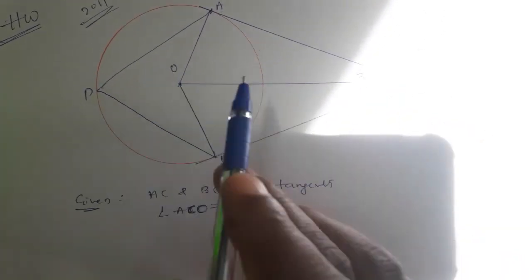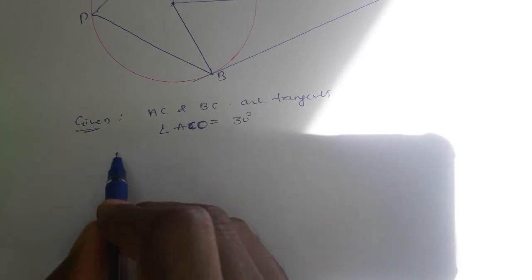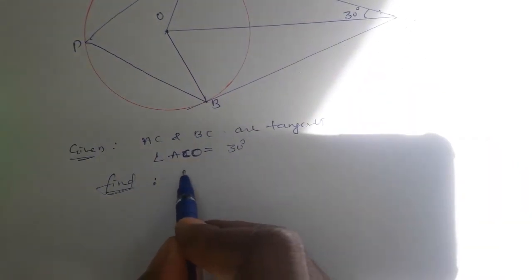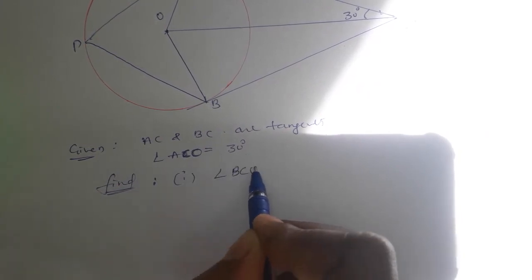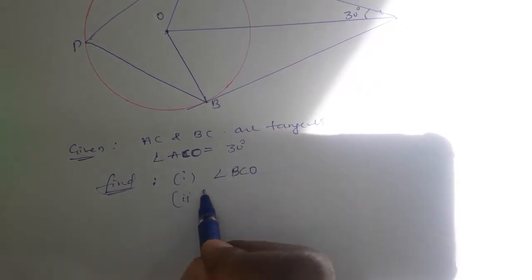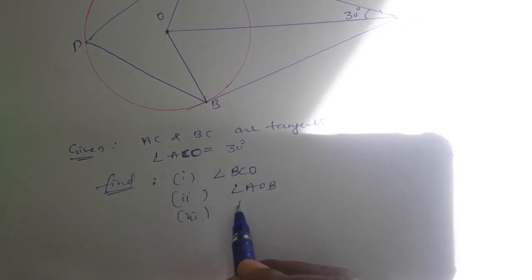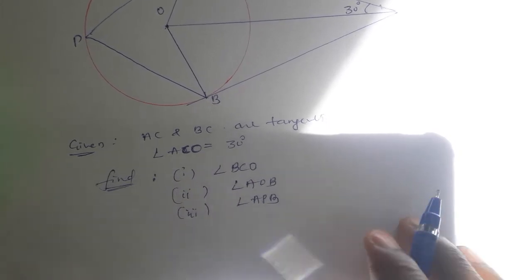Angle ACO is equal to 30 degrees, given. Using this one angle, find: first, angle PCO; second, angle AOB; third, angle APB.